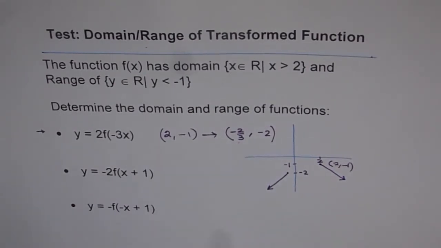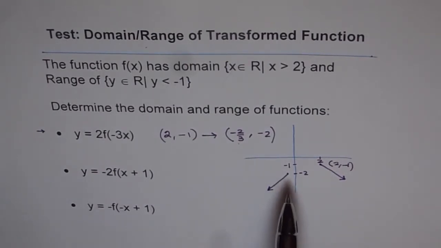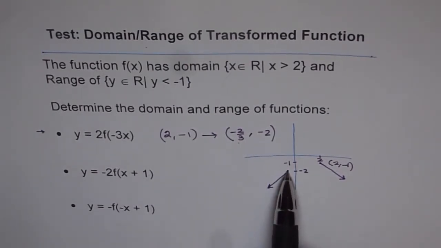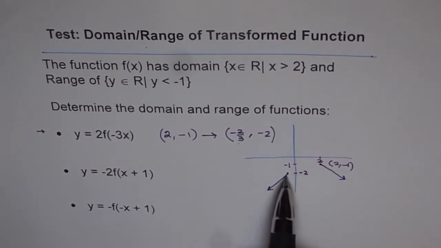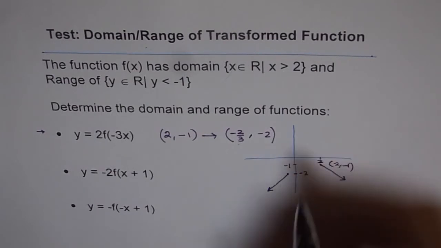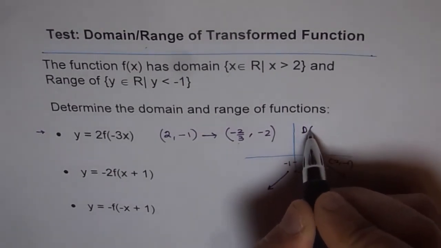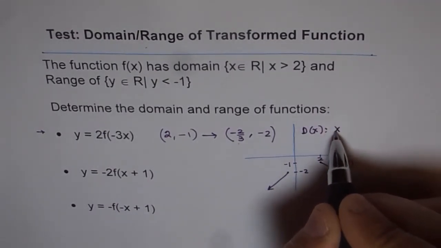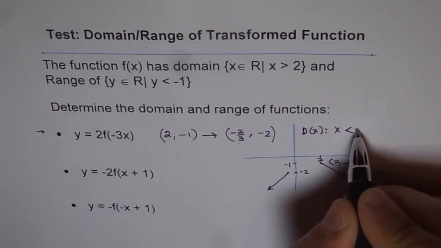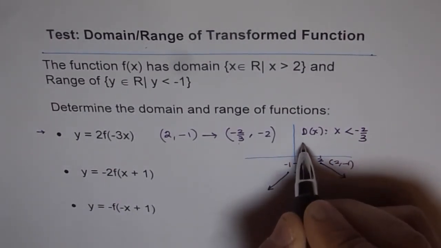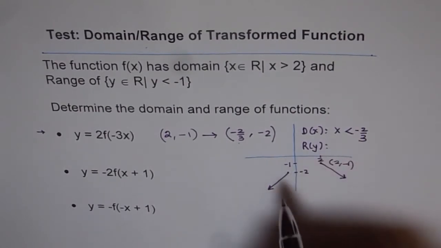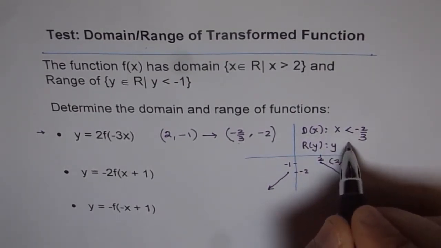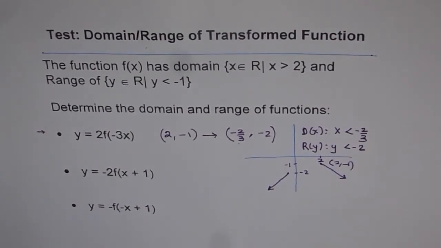And the range is less than -2. Do you get the idea? So once you do this kind of sketch, it helps you to answer the question. I'll write the answer for the very first one for you. The domain now is x less than -2/3, and as far as the range is concerned, y is less than -2, correct? That is how you're going to get the answer.